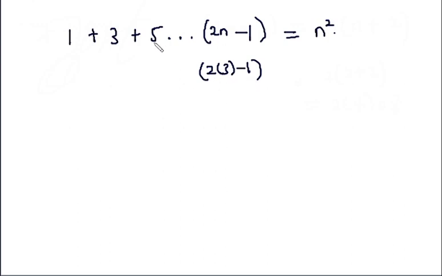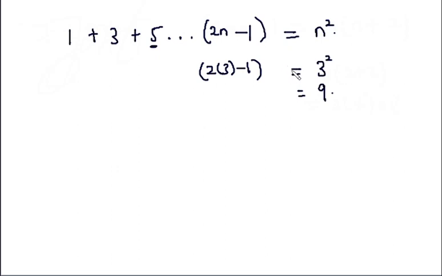So that's the third number in this sequence. For the third number, we know that 1 plus 3 plus 5 is 9. So for the other side of the equation, we can say 3 squared is also equal to 9. So for whatever number we pick, we can find the sum of that number, and this part of the equation gives us the answer to that sum.